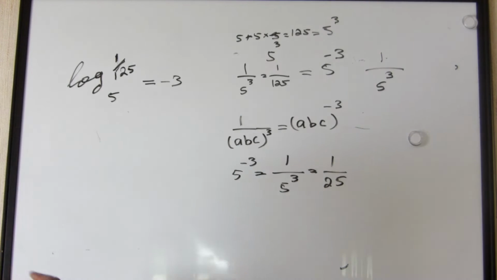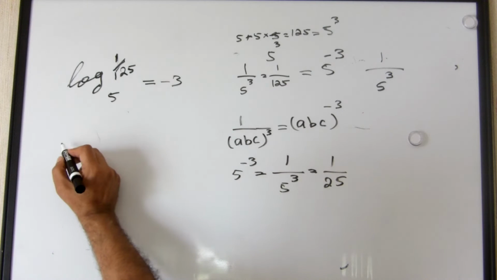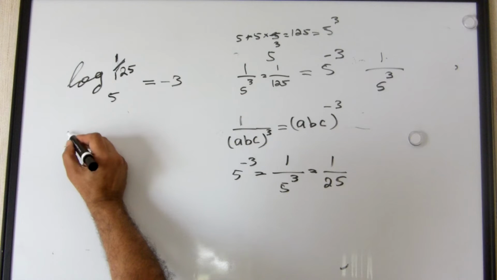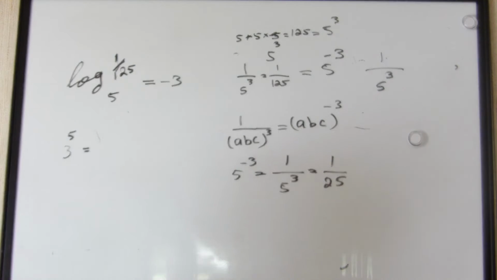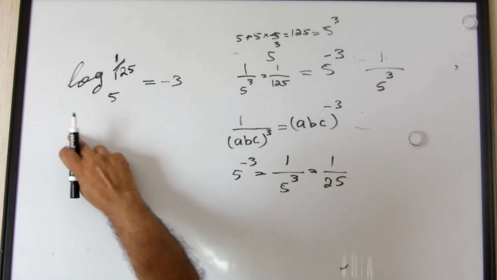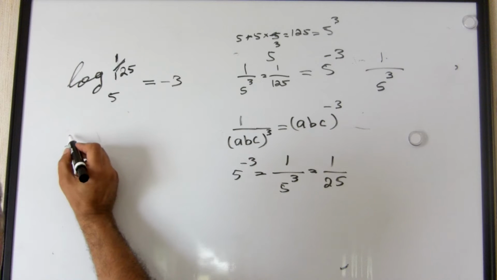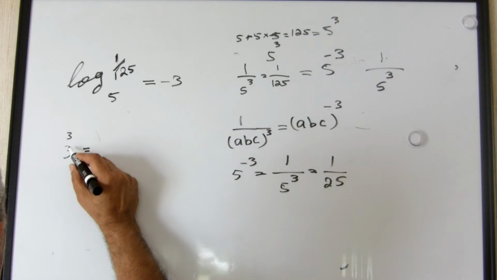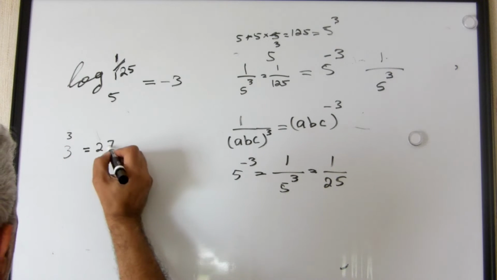Exponential number, 3 to the power of 3. What is it going to be? Let's see, a little bit lower, the smaller exponent, like 3. 3 times 3 is going to be 9, times 3, 27. It's going to be 27.